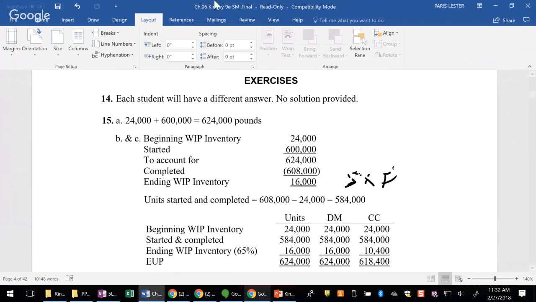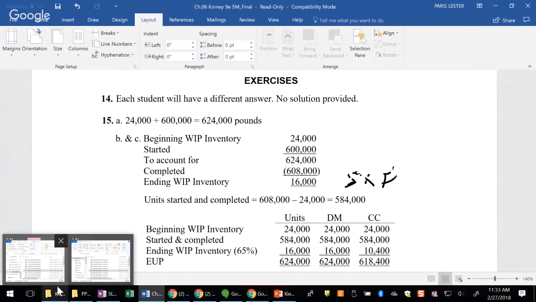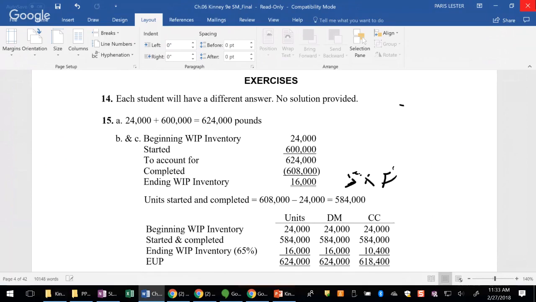All right, you're right. I would have just taken the 608, and if I can keep up with a pen that writes on this thing. I would have taken the 608 plus ending inventory for materials of 16. That would make the 624, wouldn't it?